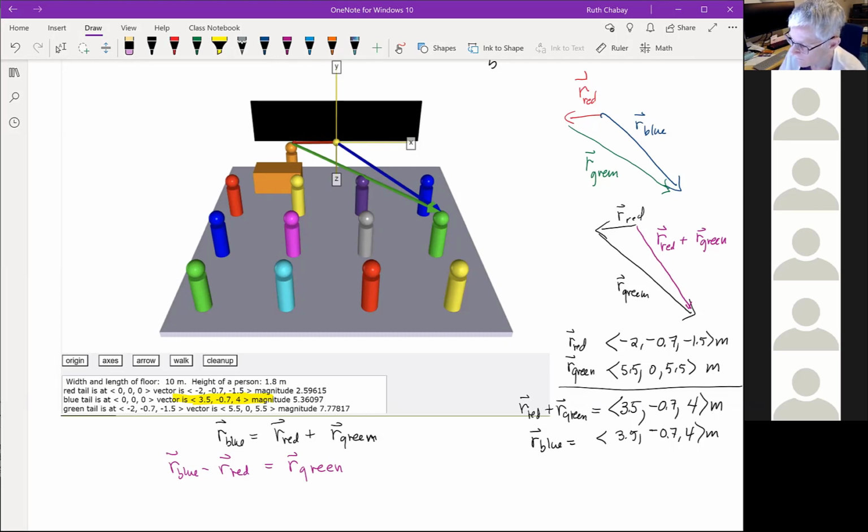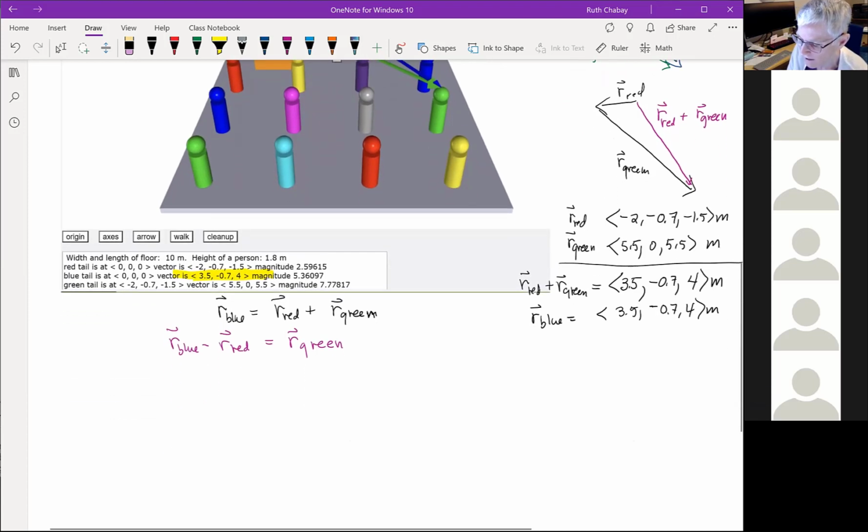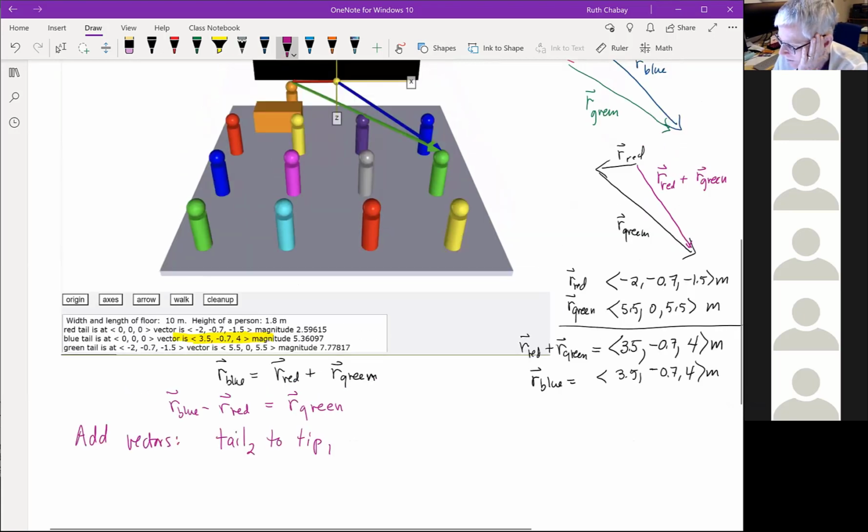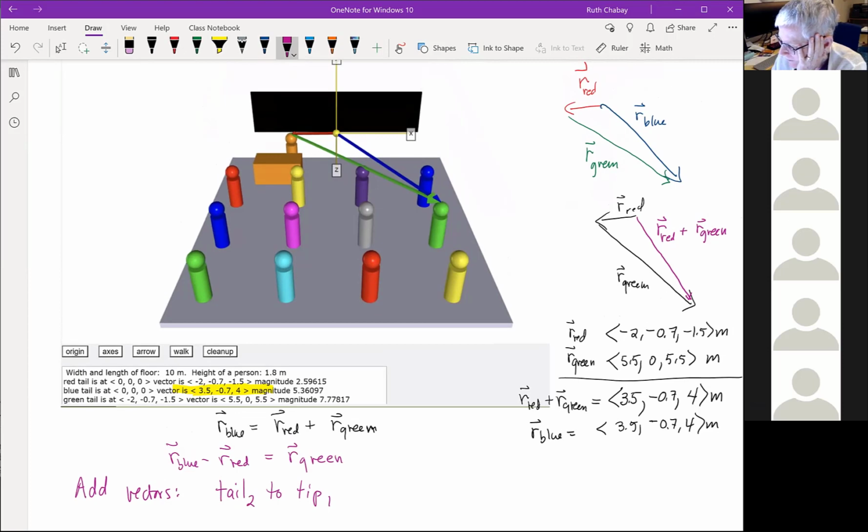So when we add vectors graphically, we put the tail of the second vector at the tip of the first vector. So up here we have the tail of the green vector at the tip of the red vector. And the sum goes from the tail of the red to the tip of the green.